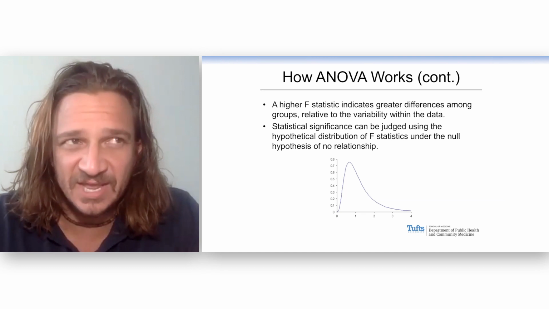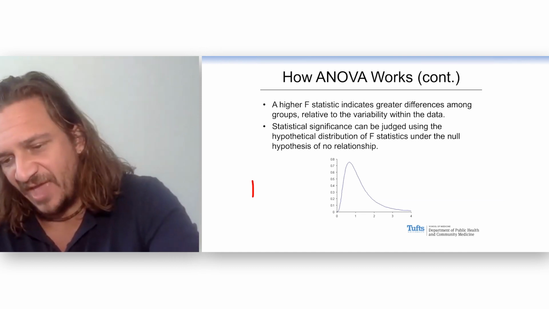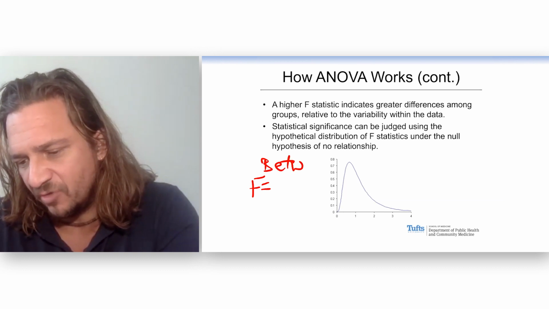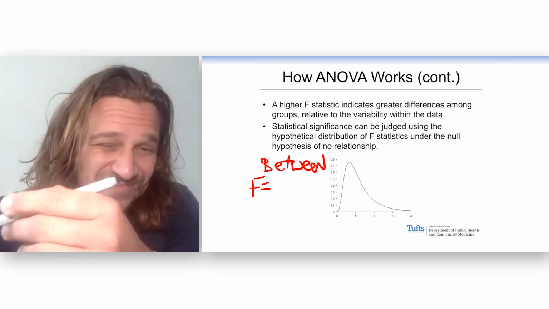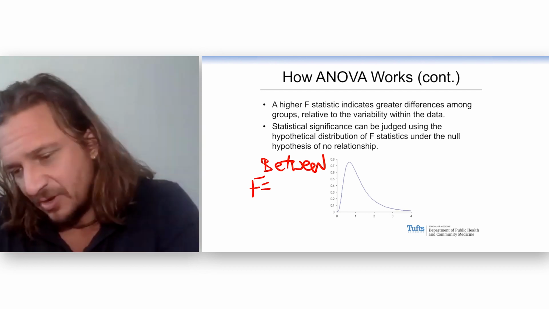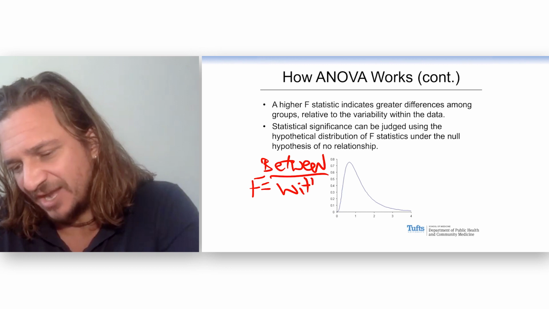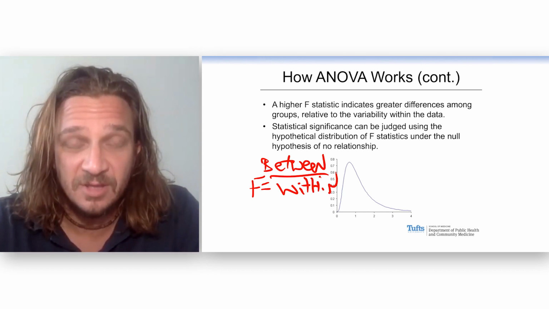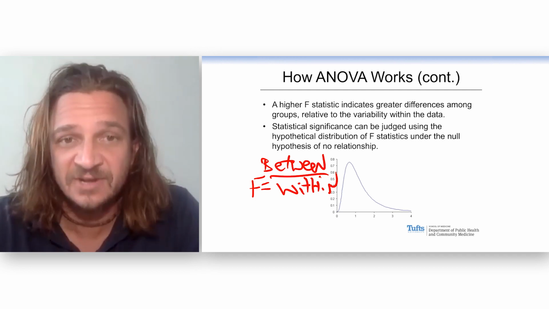So if F is higher, if F is how much difference there is between the groups, in other words, how much we can attribute to this factor relative to how much inherent variability there is within a group, remember, babies vary. The bigger the F, the more of a signal.